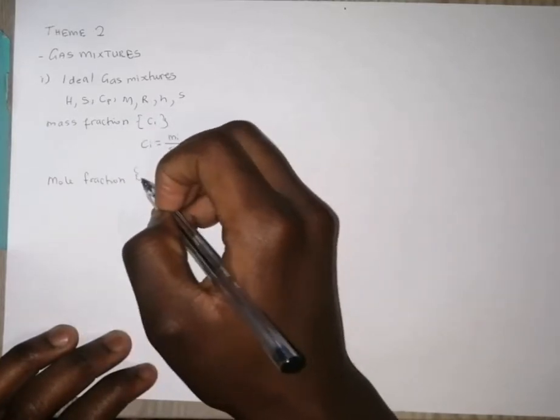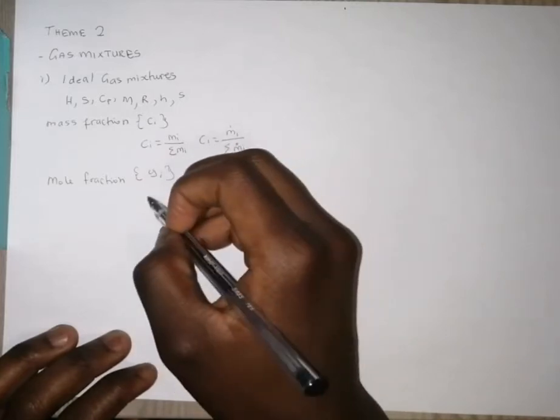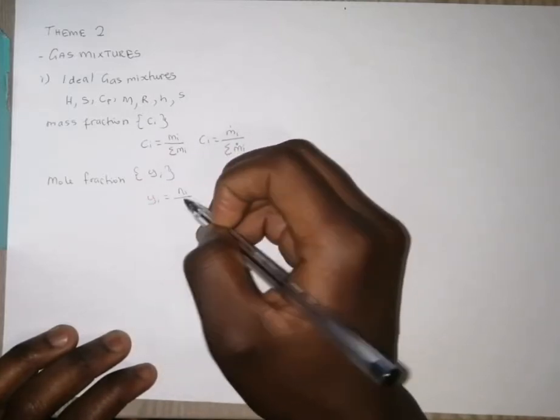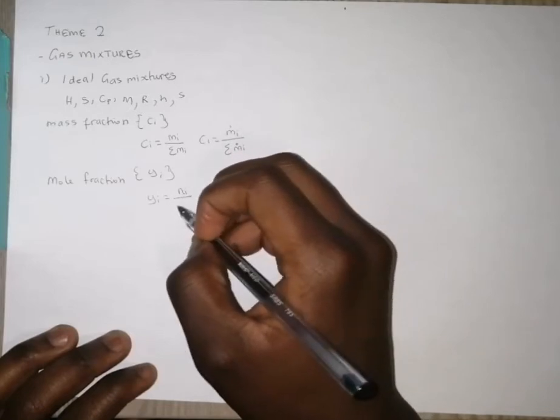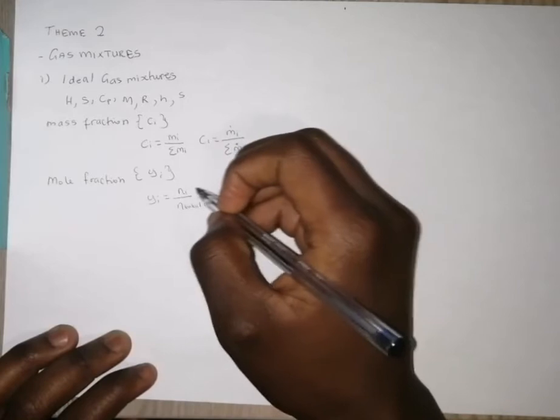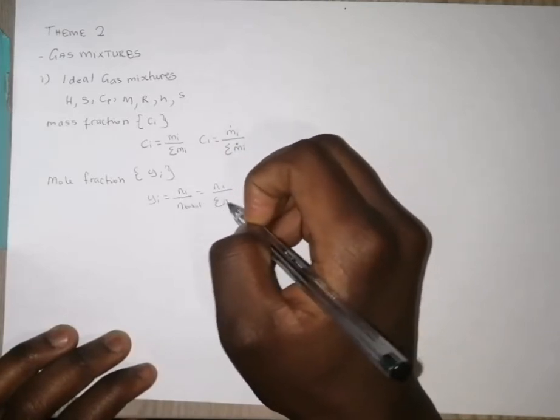The mole fraction is denoted by Yi. So Yi will be equal to Ni over N total, which is equal to Ni over the summation of Ni.